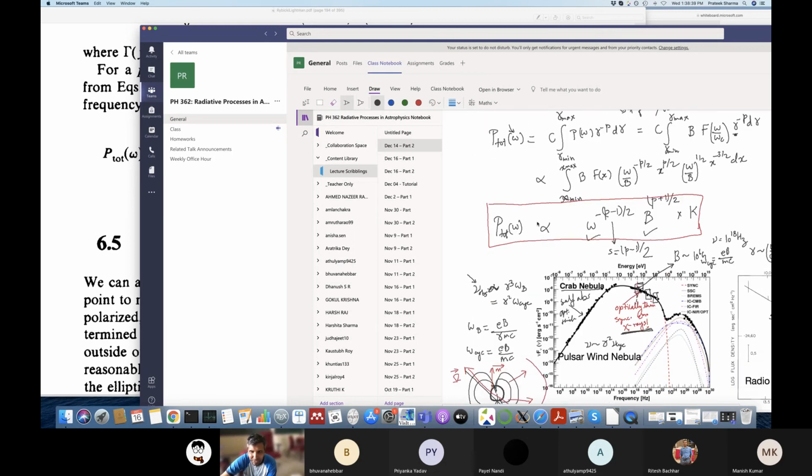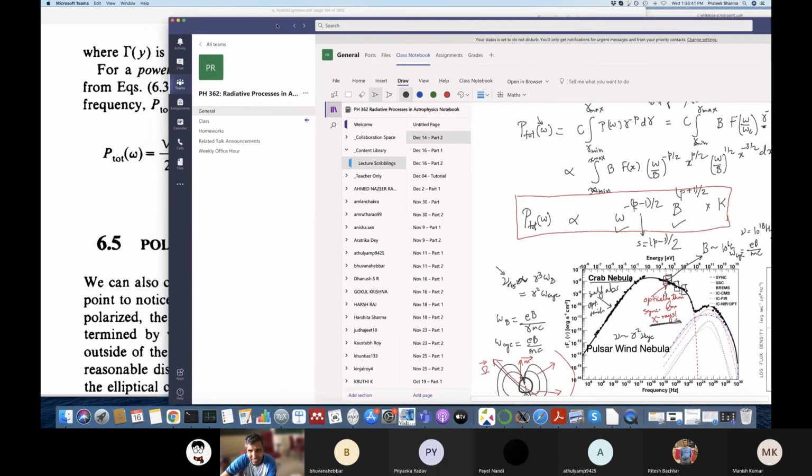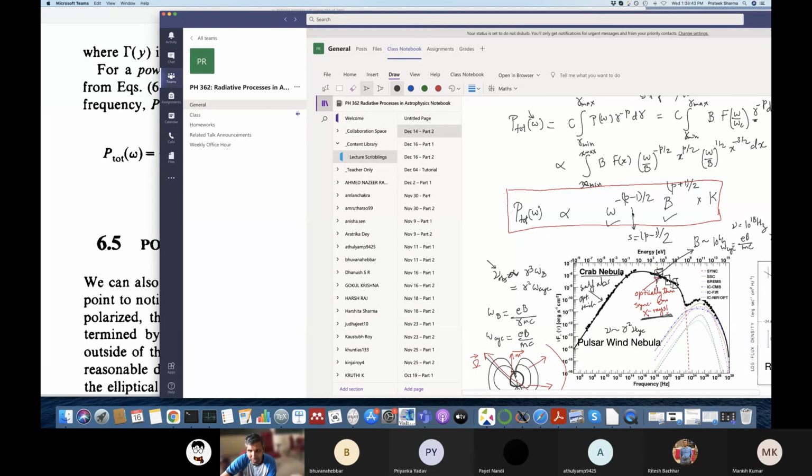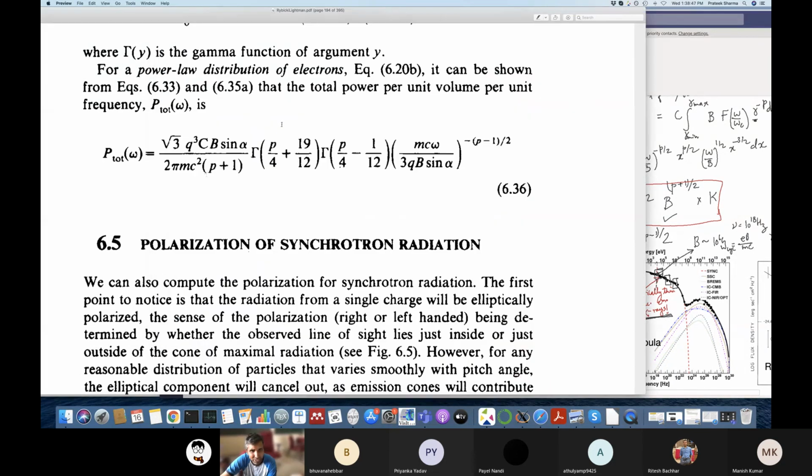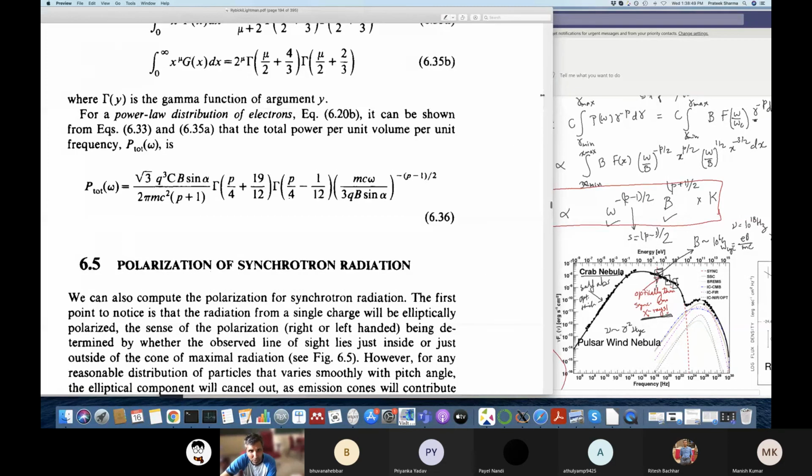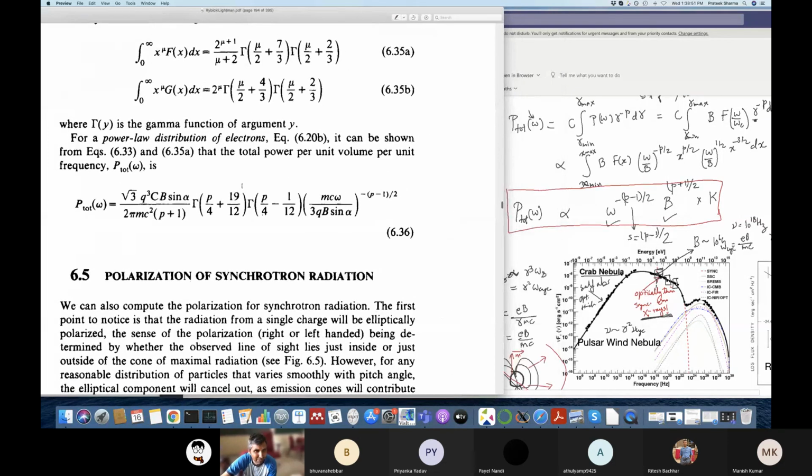So we derived, or motivated at least, the scalings of this formula as a function of frequency and magnetic field and k. If you put in all these messy Bessel functions and f functions specifically, you get this, right? And you can see the dependence is the same, right?